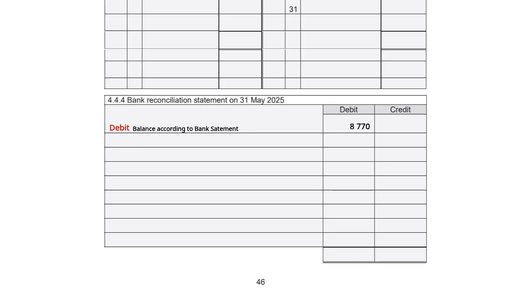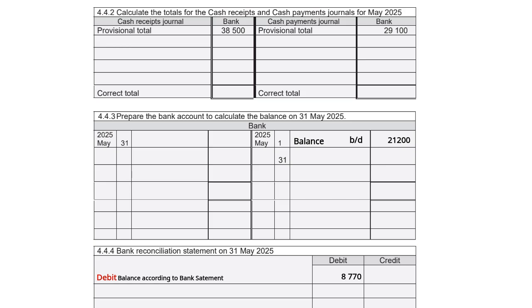So now we've entered all our opening balances. So now I'm going to read from transaction 4A, and we're going to put it in step by step as I read it, and then we can see whether it's going to be rectified in our journals or our bank reconciliation statement. A, a debit order for the insurance of the private vehicle of the owner, 4,700 rand.